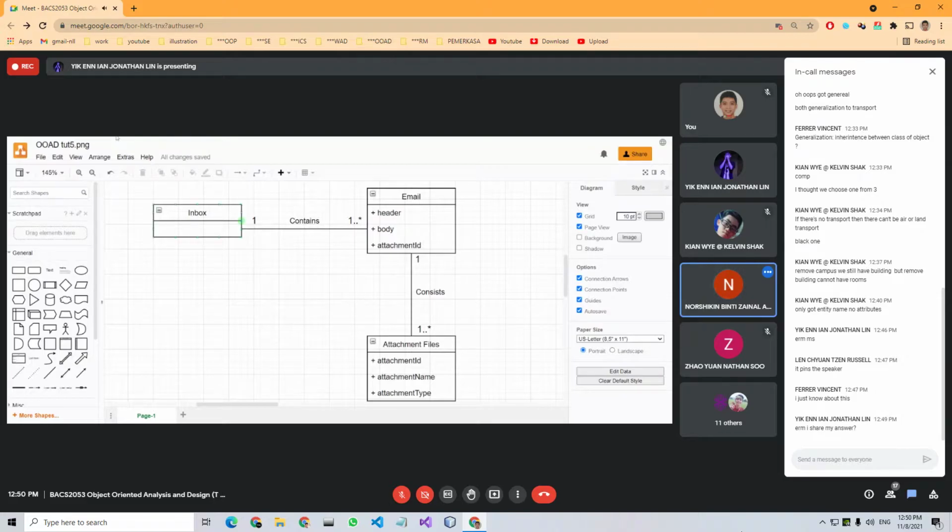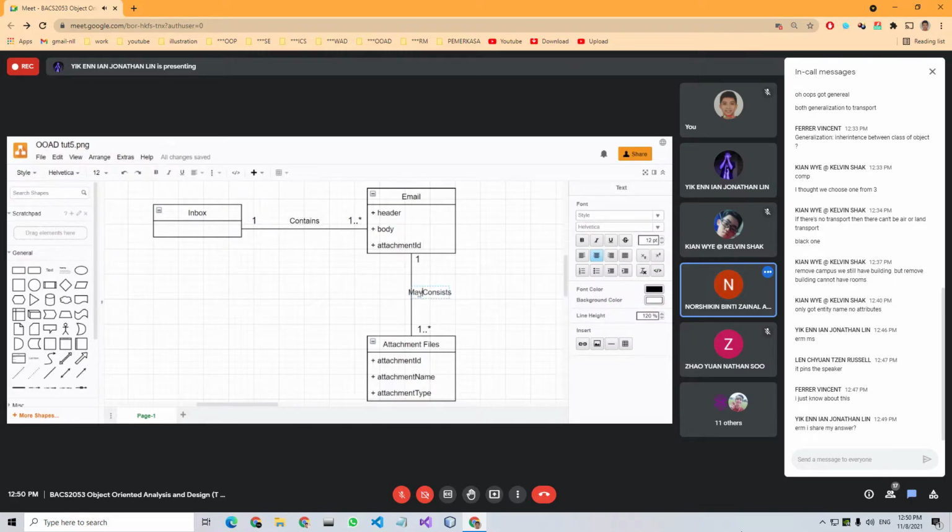Inbox consists of one to many emails. Email consists of attachment file.